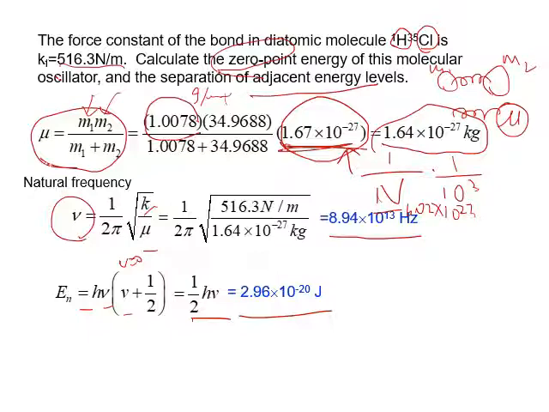In the previous slides, we derived the equation and showed that the adjacent energy levels are all the same, from 1 to 2, 2 to 3, 3 to 4. They are all the same, which is just h times nu. So here it is 5.92 times 10 to the minus 20 joule. Now in the next slides, we show that this energy falls in the infrared range.